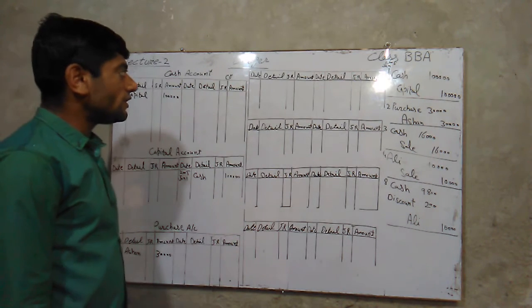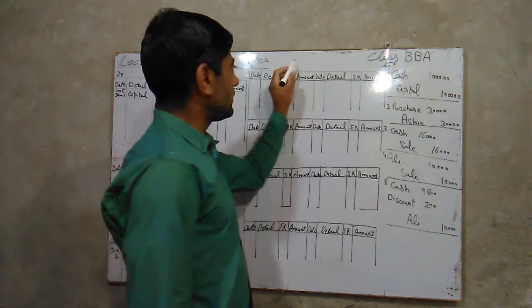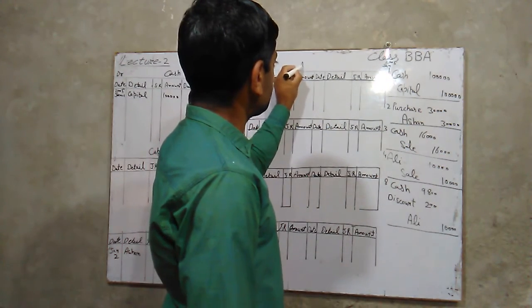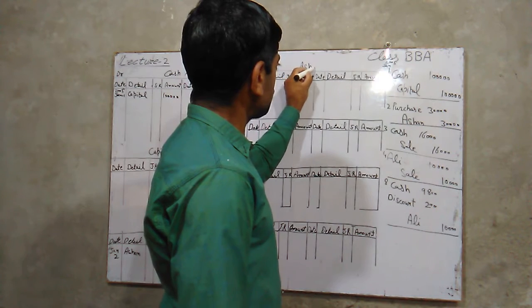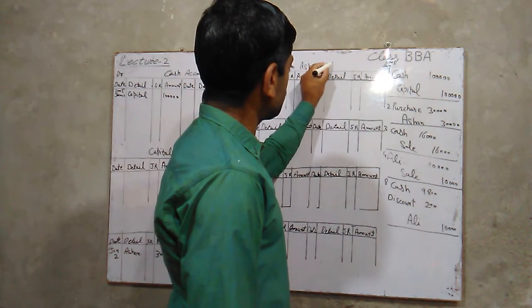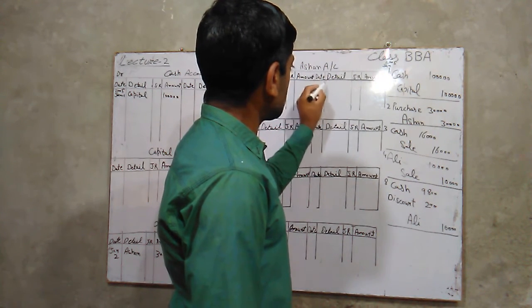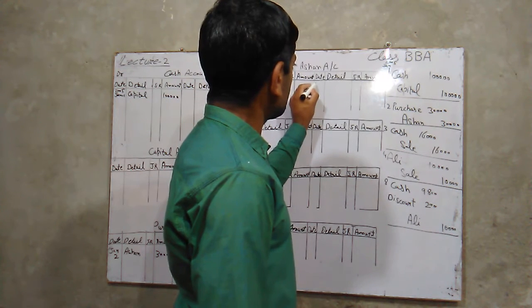One account is posted; now another account is posted. Here is the Ehsan account, credit due to purchase.